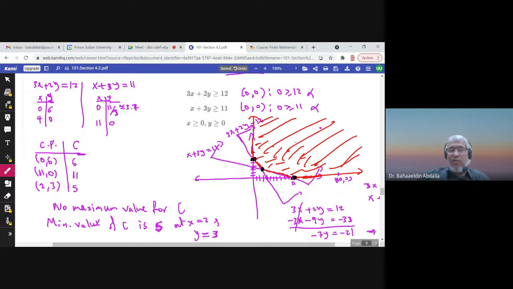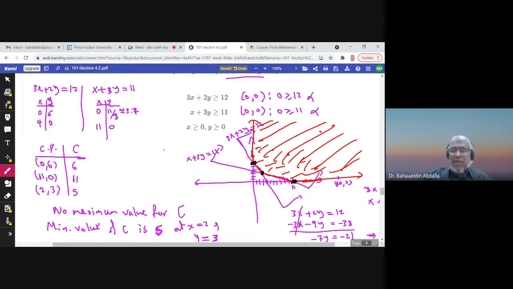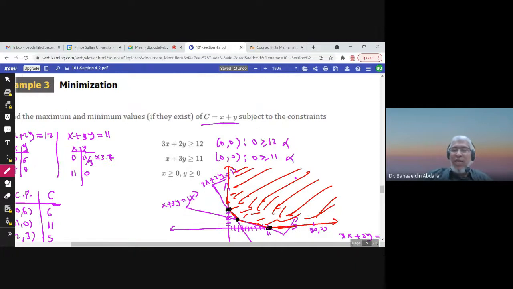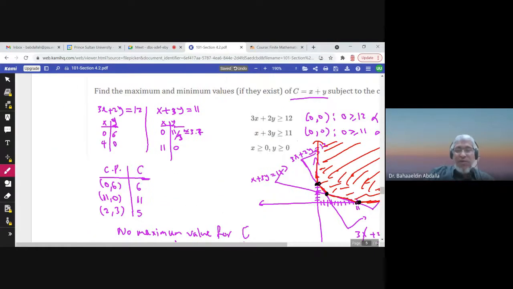Because it's unbounded, there is no maximum value for C. But the minimum value is 5. If you choose any point in this region, you will never find a value of C less than 5. The minimum value of C is 5.